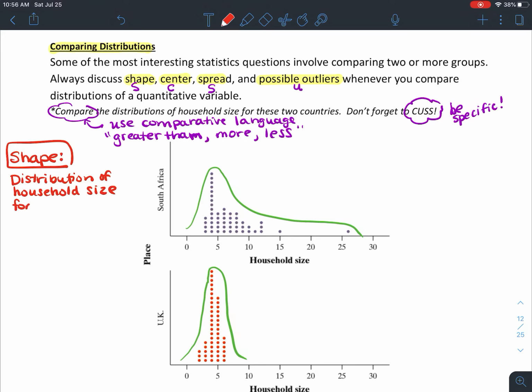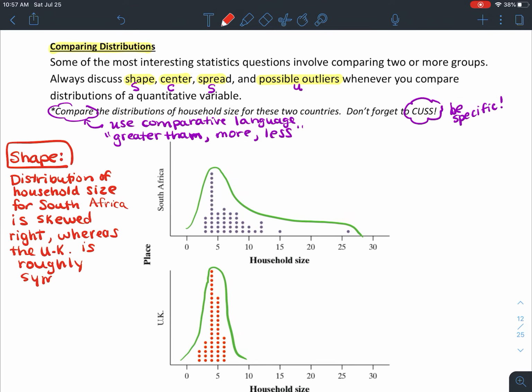So the distribution of household size for South Africa is skewed right. And then I'm just going to say whereas the UK is roughly, could say approximately, that'd be fine, symmetric, okay? They're tied together in one sentence. I'm comparing the two, okay?